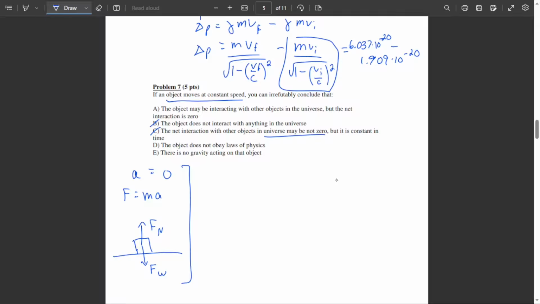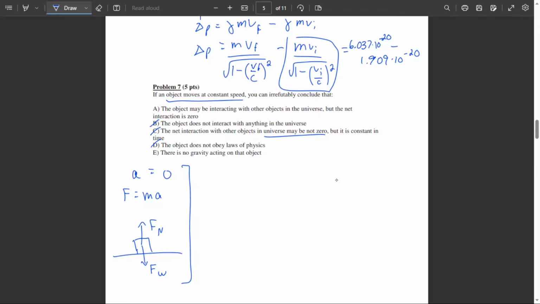D, the object does not obey the laws of physics. This is just a filler answer meant to steal your attention. There's nothing in the premise of the problem that implies the situation's impossible. It's not hard to imagine an object moving at constant speed. So, it's not true. And then E, there's no gravity acting on that object.